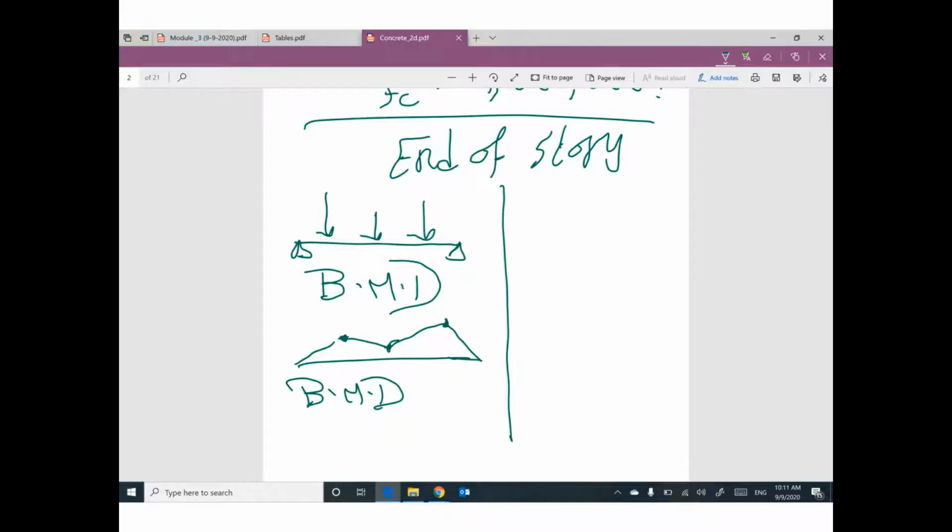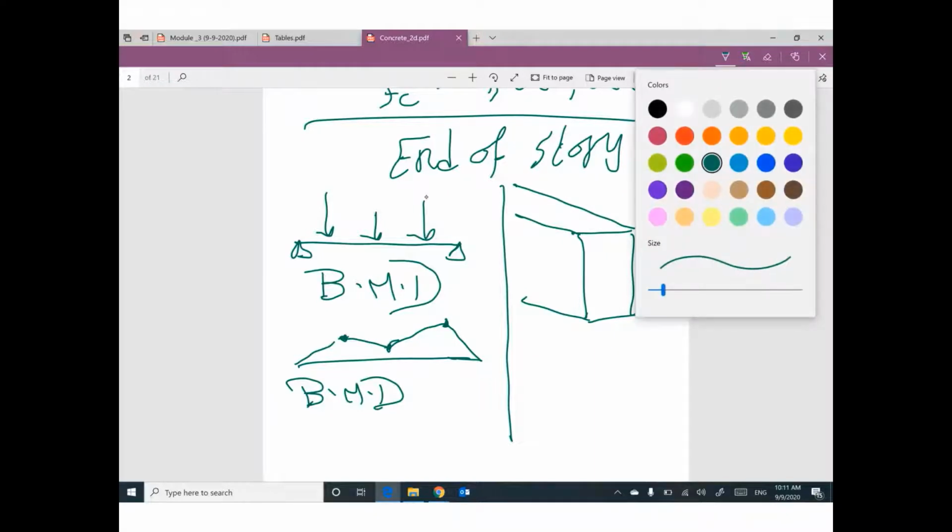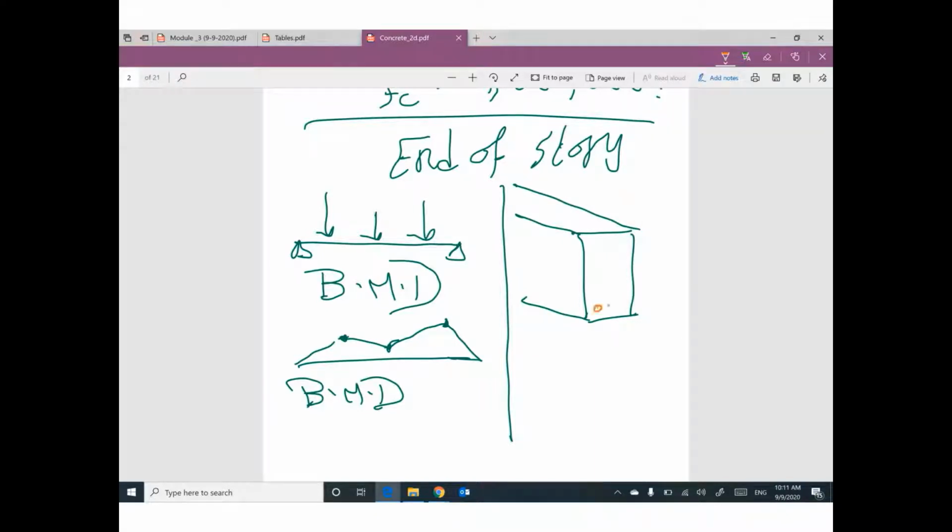Today, we have a beam that looks like this. A real beam, and this beam has steel reinforcement. Can you tell me how much bending moment this beam can support? It is called phi MN, the design moment.